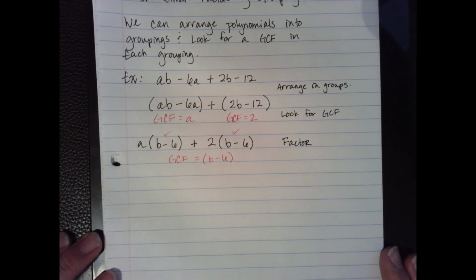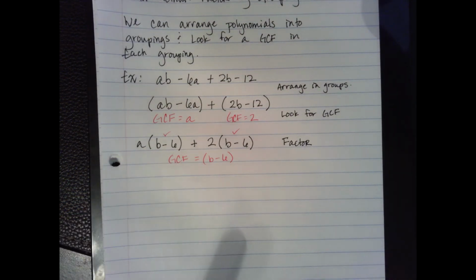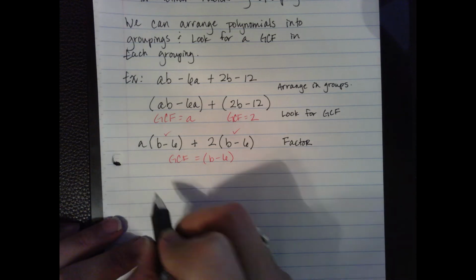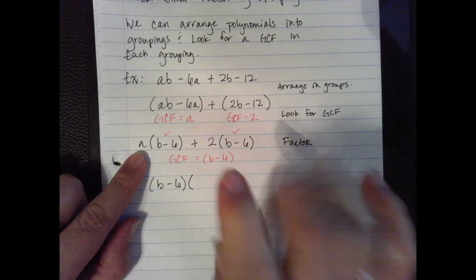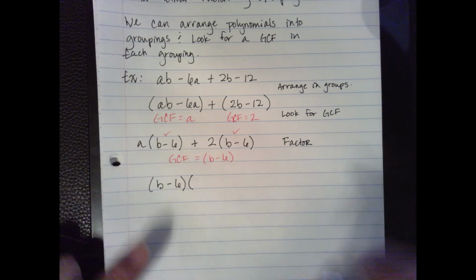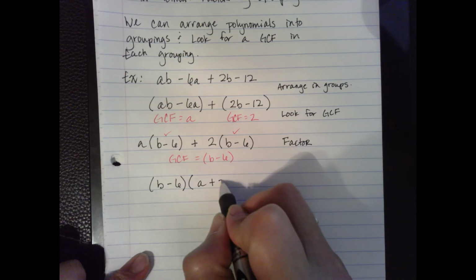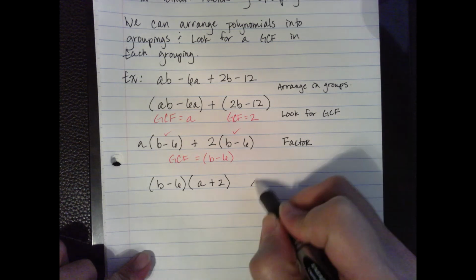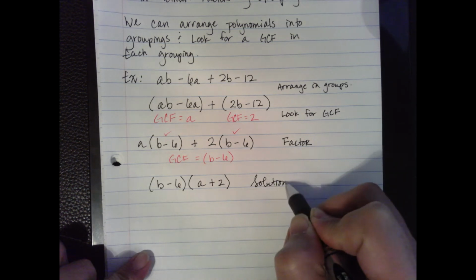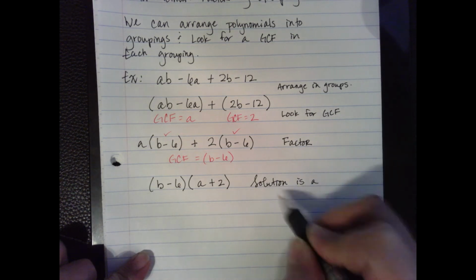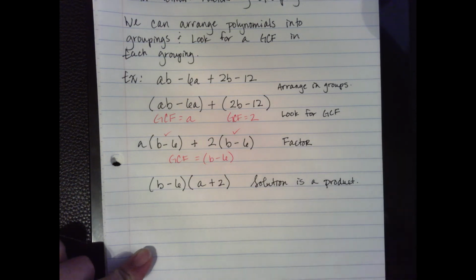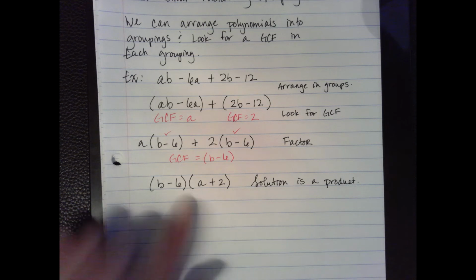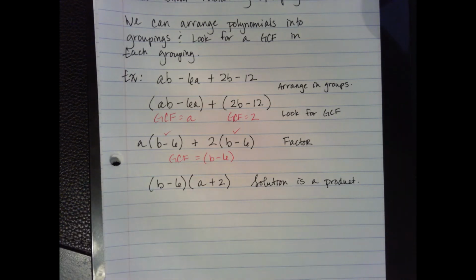Just like we saw in the last couple of examples, I can pull my entire set of parentheses out, and I have b minus 6 times a plus 2. The solution is a product. There's no plus or minus sign in between them. That goes away in our factoring process.